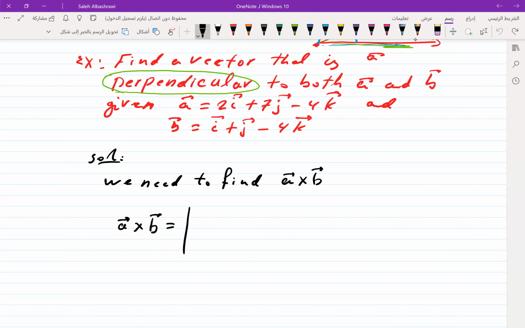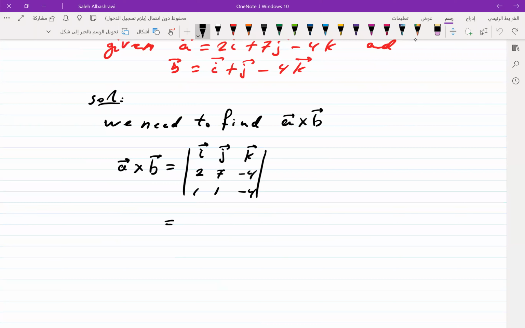Now the vector A cross B is equal to, using the determinant form, i, j, and k, A1 is 2, A2 is 7, A3 is minus 4, B1 is 1, B2 is 1, and B3 is minus 4. This is equal to i minus j plus k.